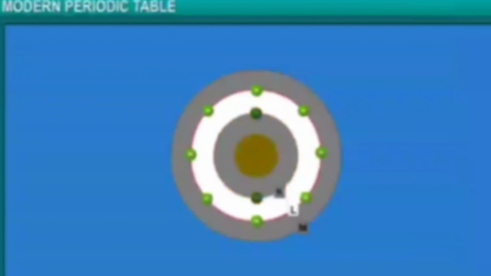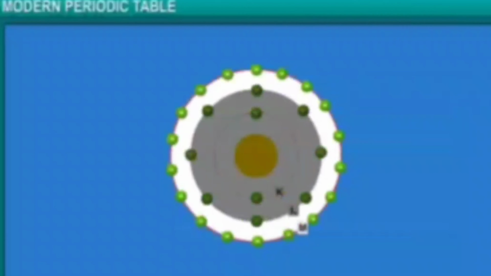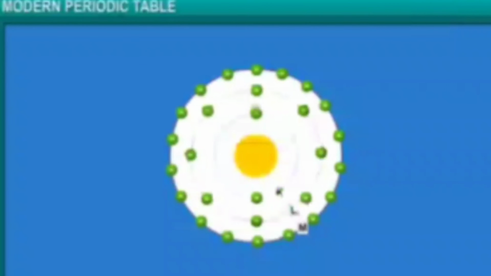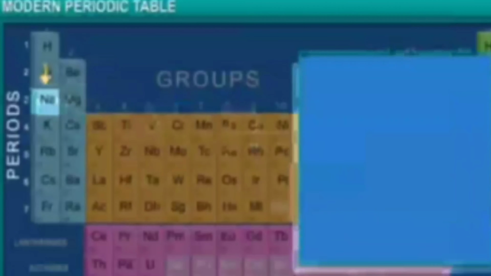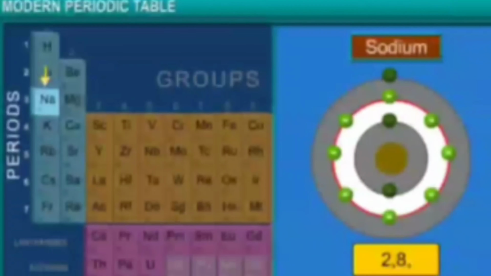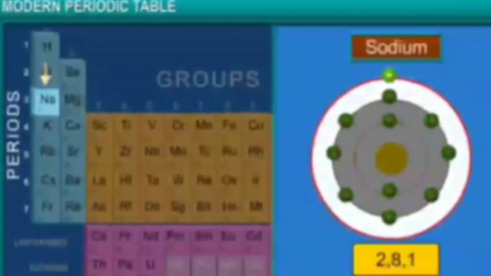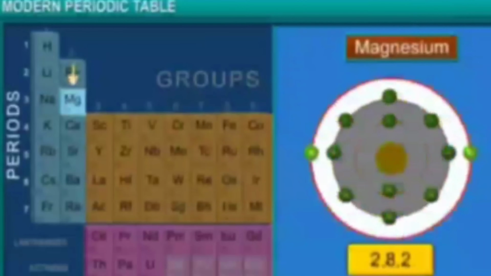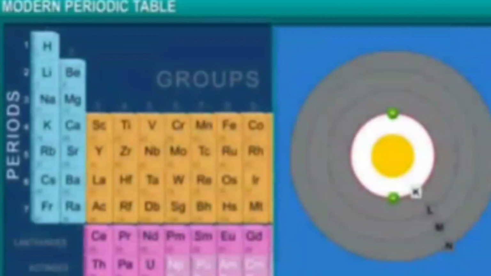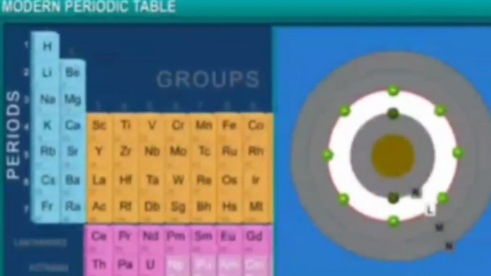Now the shells are named K, L, M. Like sodium, it contains 3 shells, K, L and M. The K shell contains 2, L 8 and M 1.